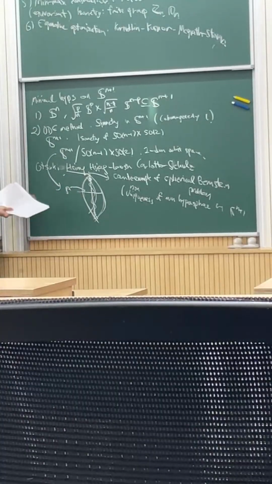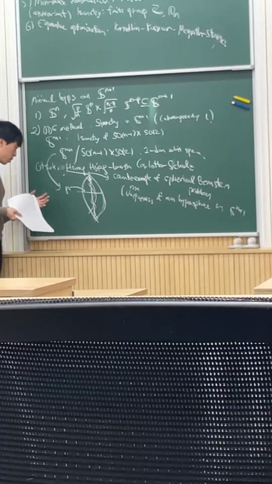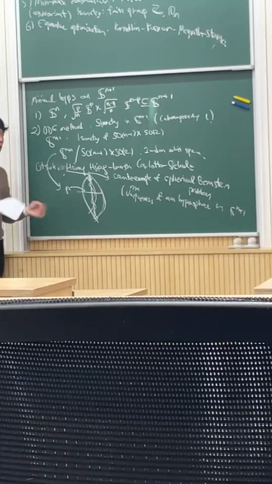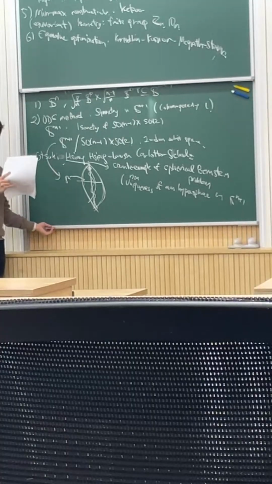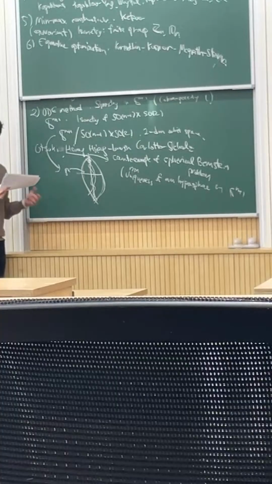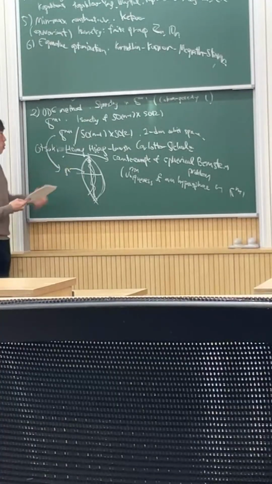So this is an example which gives that the Morse index is not controlled by this topology. So those geodesics are all embedded or not embedded?